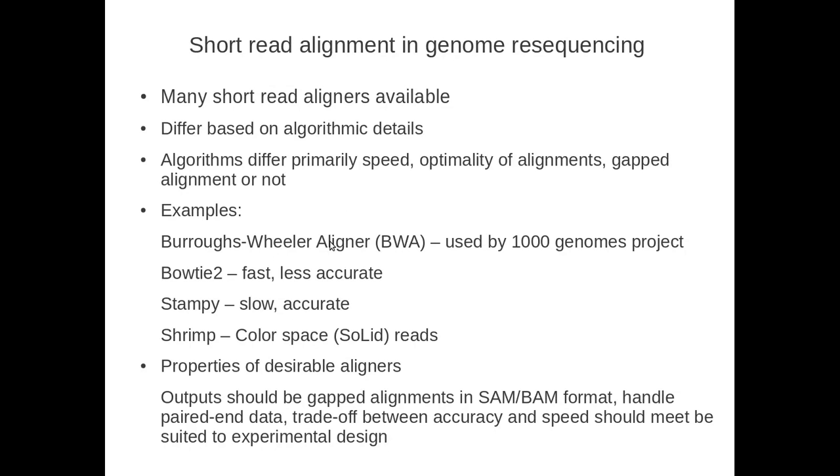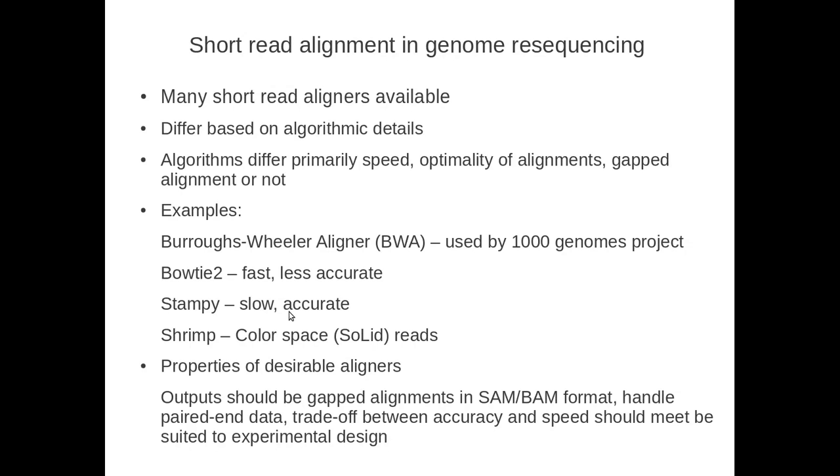So some of the common examples here are Burroughs-Wheeler Aligner. This is what was used by the 1000 Genomes Project, and the aligner we'll be focusing on here in the class. Bowtie 2, we'll use this for our RNA-seq down the road, but for DNA sequencing it's used a little bit less because it's fast but less accurate.